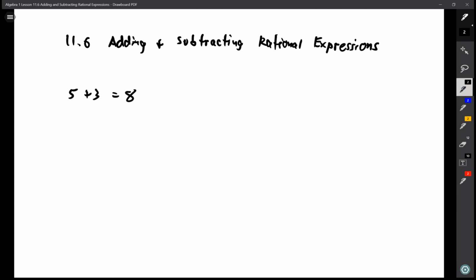I have 5 units and 3 units, and each unit is the same size. Technically we could say 5 over 1 plus 3 over 1 equals 8 over 1. What happened? My denominator stayed the same, and I just added the numerators.